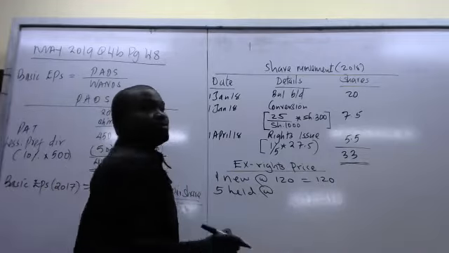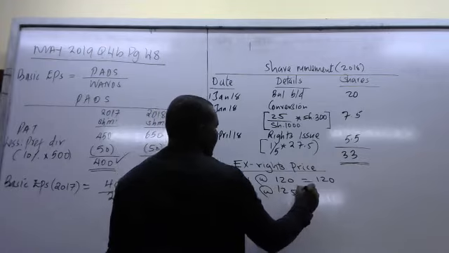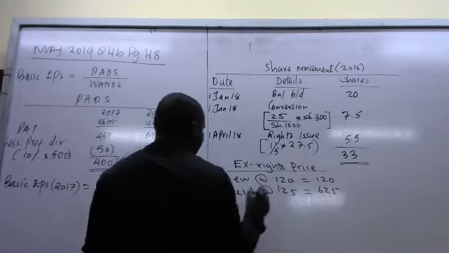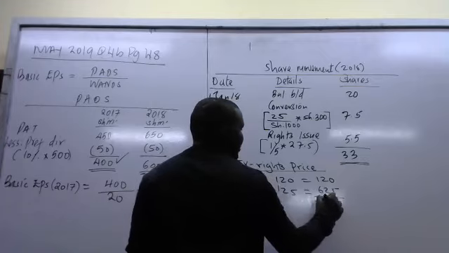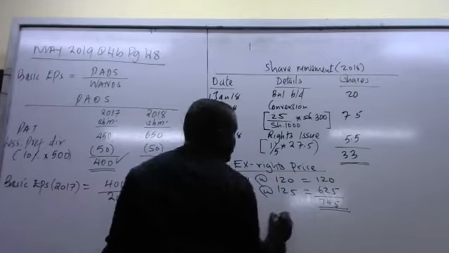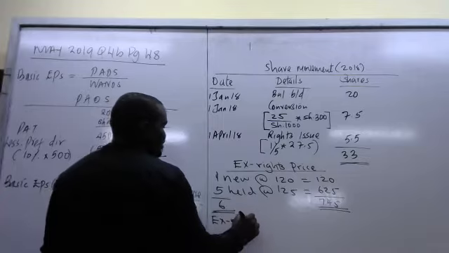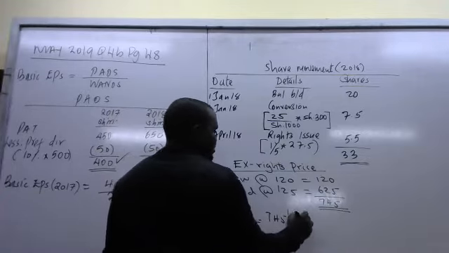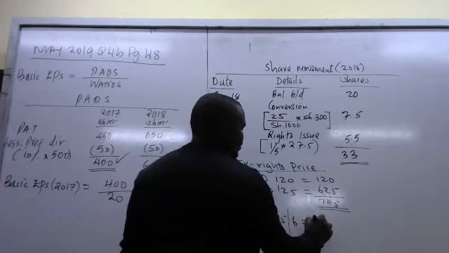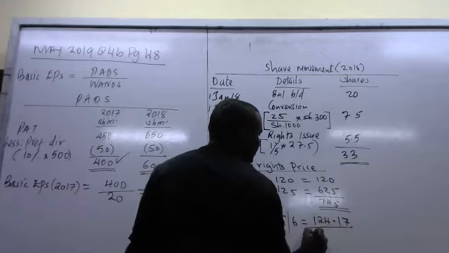And the 5, what was the market price by then? 125. Giving you this person will be holding 6. 6 will be having a value of 745. So X rights price becomes the average. So X rights is equals to 745 divided by 6. 124.17.